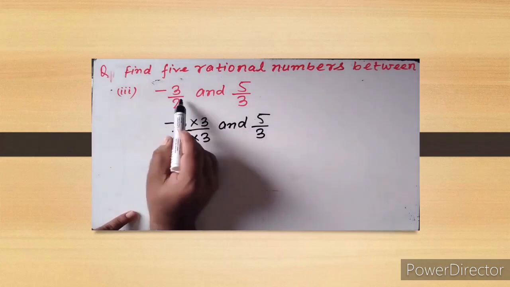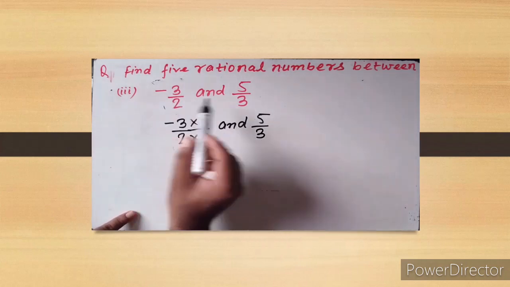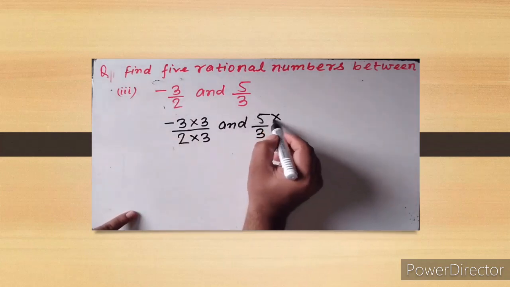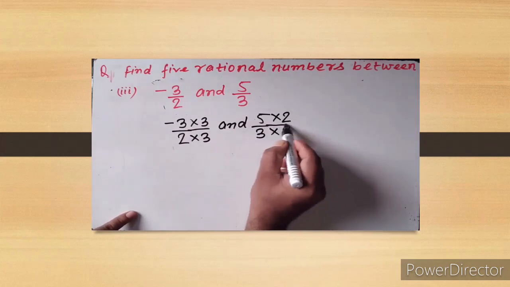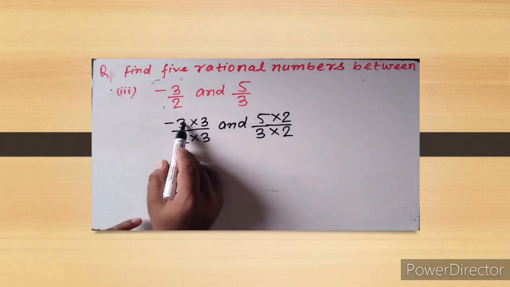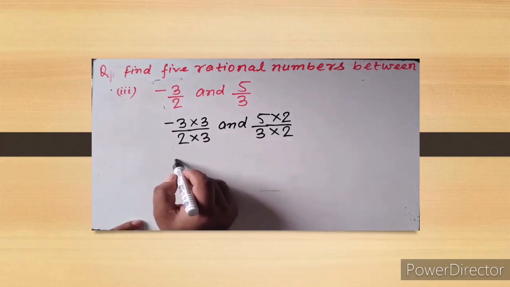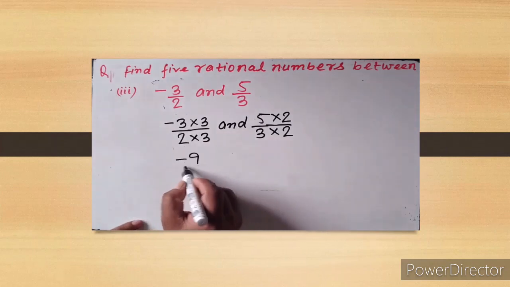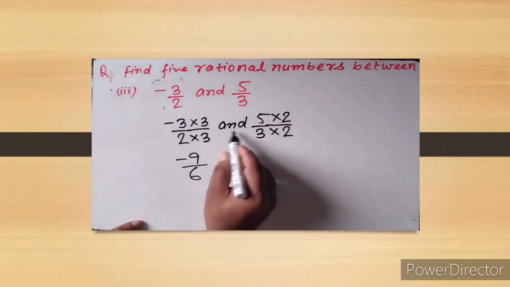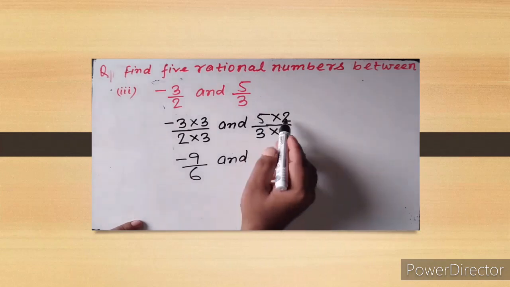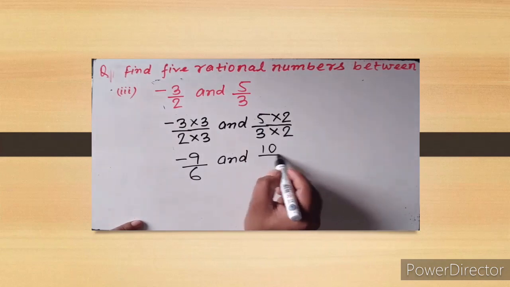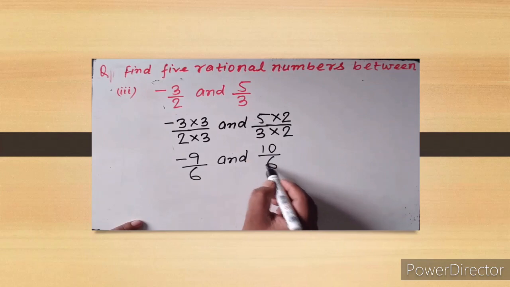You will take this denominator, which is 2, and we will multiply it by 2, both numerator and denominator. 3 3s are 9, minus 9 upon 2 3s are 6, and 5 2s are 10 and 3 2s are 6.